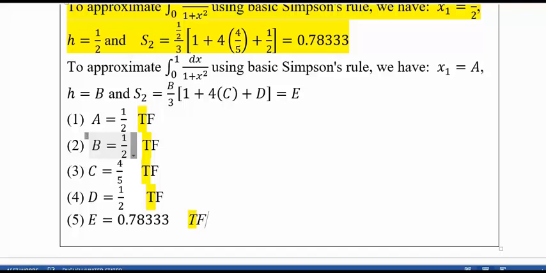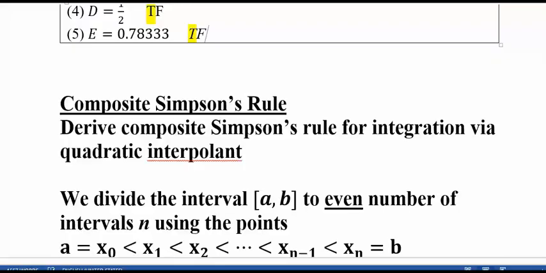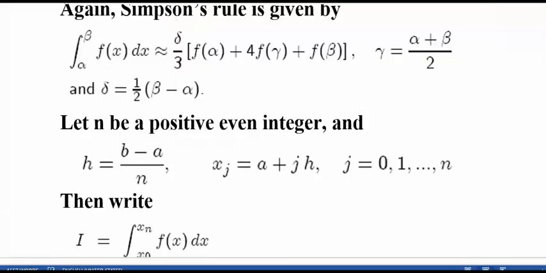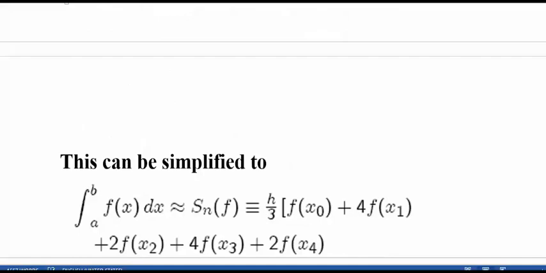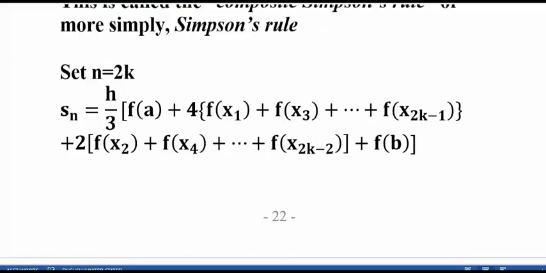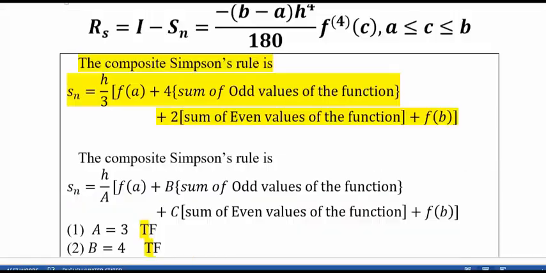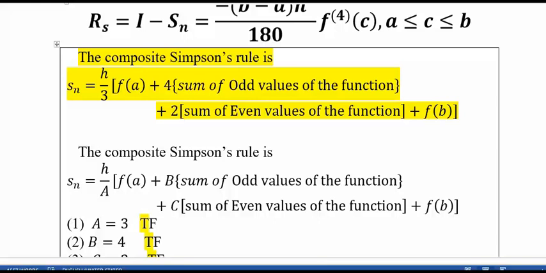Composite Simpson Rule. Here is the composite rule in a very easy manner. Sn equal h over 3 times f of a plus 4 times the sum of odd values of the function plus 2 times the sum of even values of the function plus f of b.